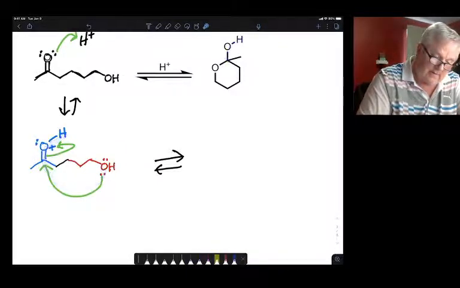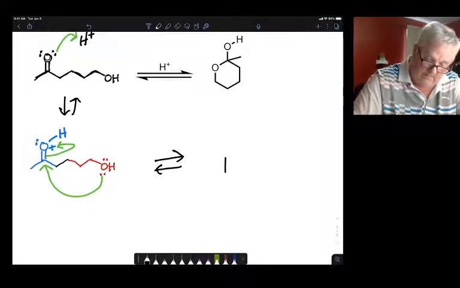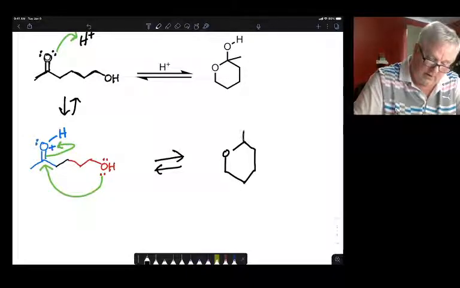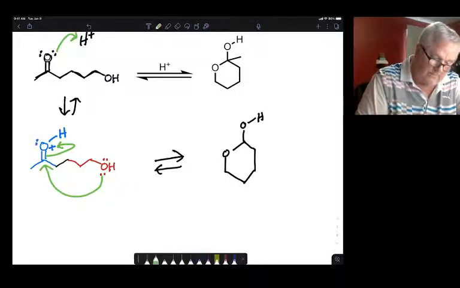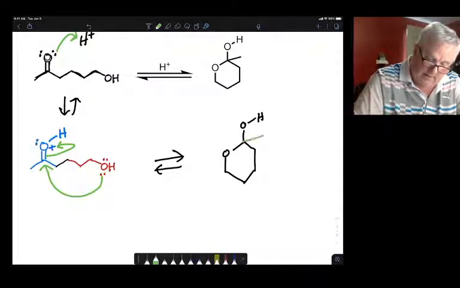So in fact, what I'm going to do is draw my 6-membered ring with an OH. There's also a methyl group right here, so I have to put a methyl group there. There's my methyl group right there.